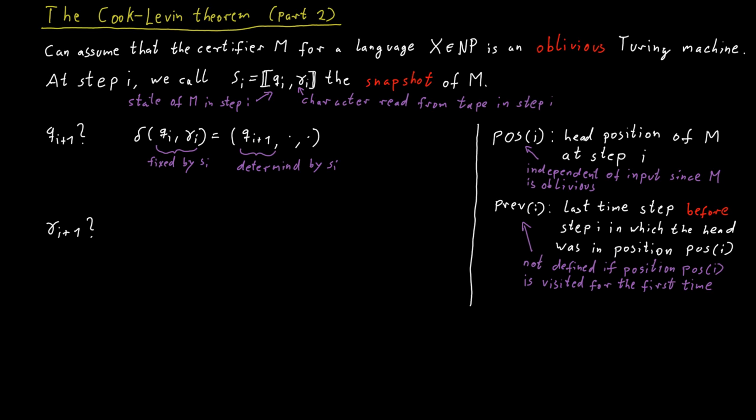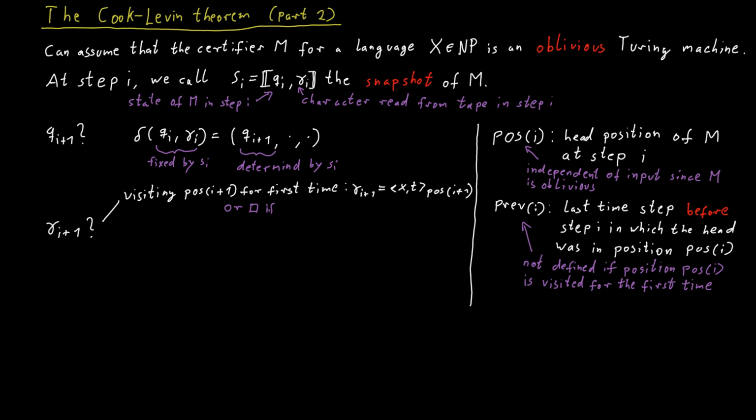The great thing now is that with just this, we know what character gamma i plus 1 is, what character we will read at time i plus 1. If the cell we are visiting at step i plus 1, and remember it's an oblivious Turing machine, so it's predetermined what that cell is, is visited for the first time, the character we will read is simply the corresponding character from the input.